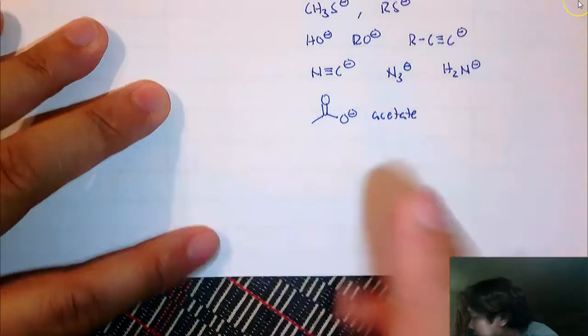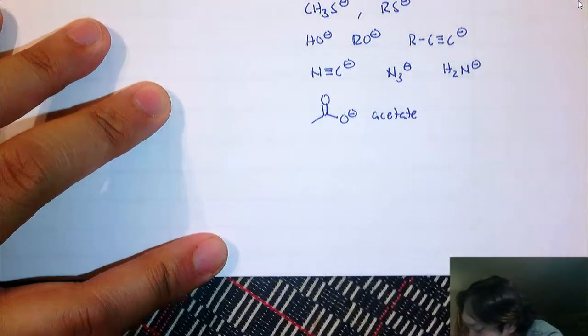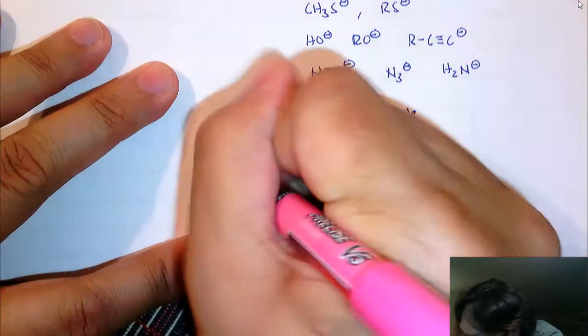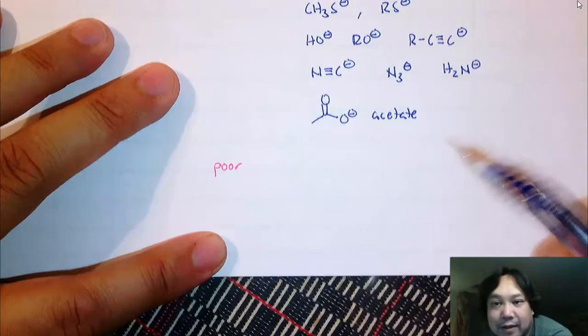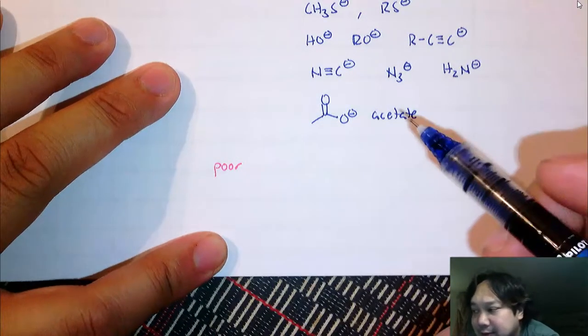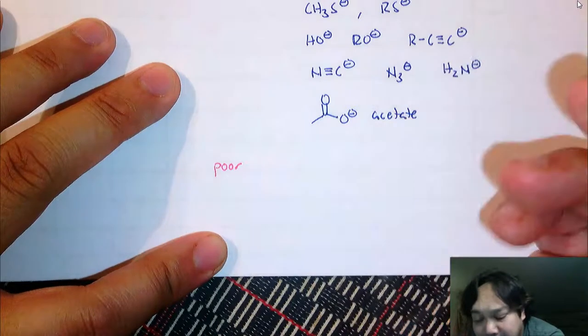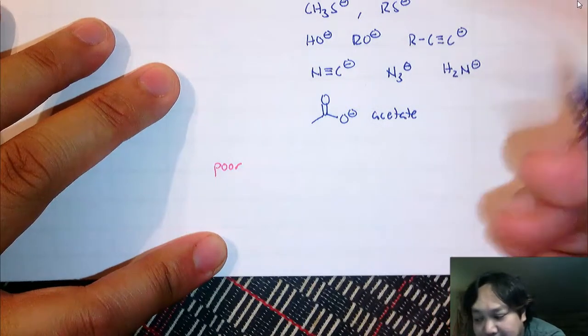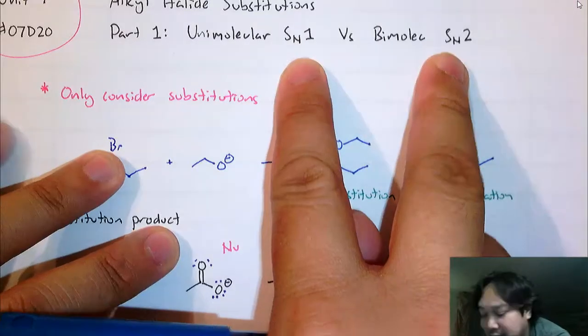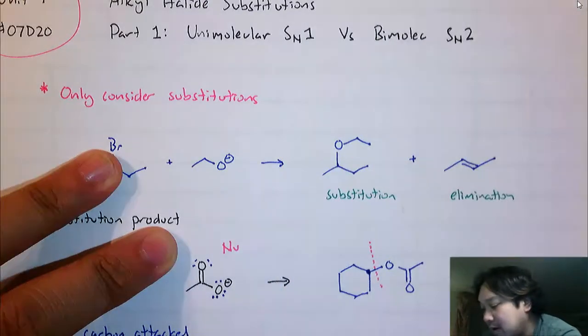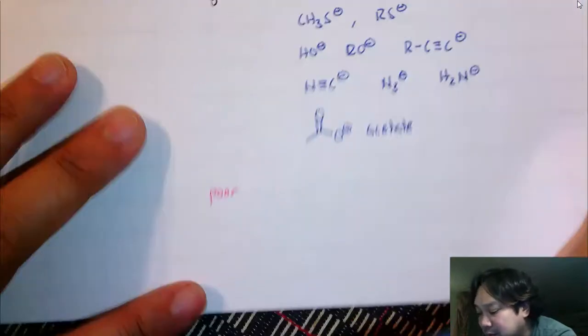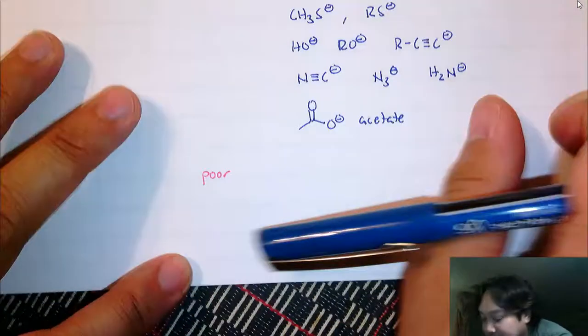What about the poor? Why is it necessary for us to know what the poor nucleophiles are? It's necessary because poor nucleophiles actually favor one of these two mechanisms. And I'm not going to tell you now, but I probably will tell you once we get into those mechanisms.